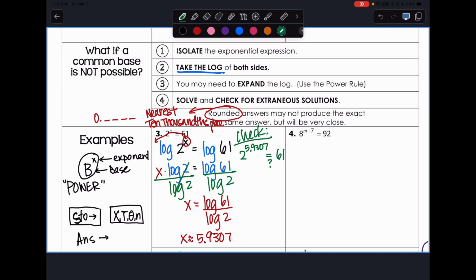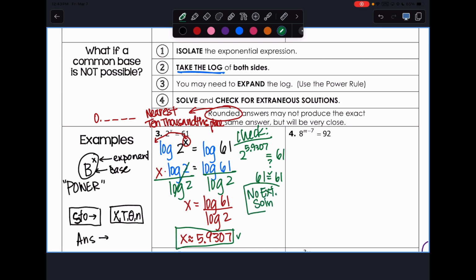It's not going to give you an error, and hit enter. What did you get? 61. Woohoo! We just checked, and it's correct, right? 61 equals 61. Therefore, this is a real solution, and there are no extraneous solutions.